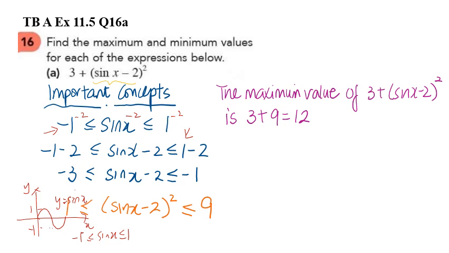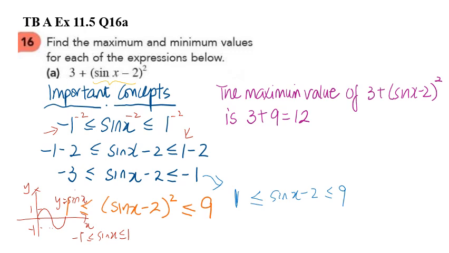This part here is not clear, so I'm just going to show you again. If you square -3, you get 9. If you square -1, you get 1. So you need to change the position because it does not make sense to have sin x minus 2 greater than or equal to 9 and less than or equal to 1, right? So you change the position.